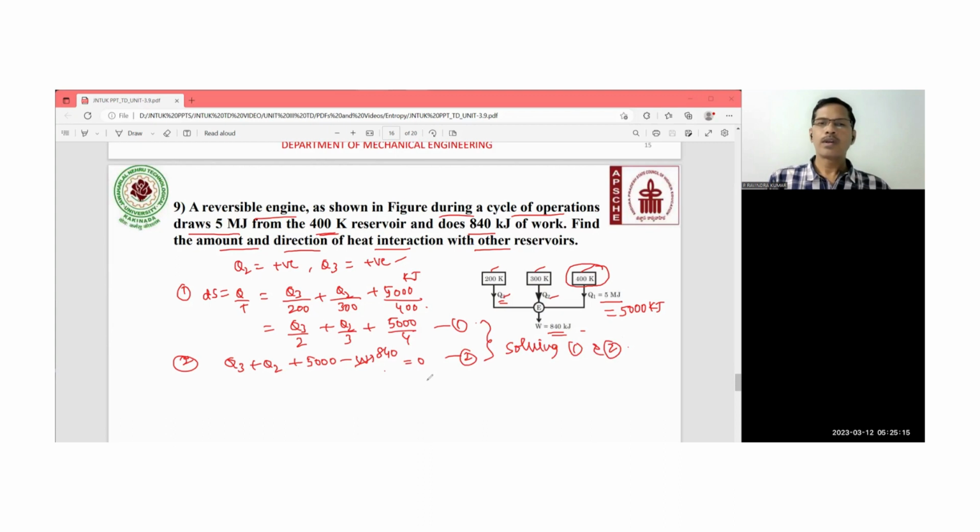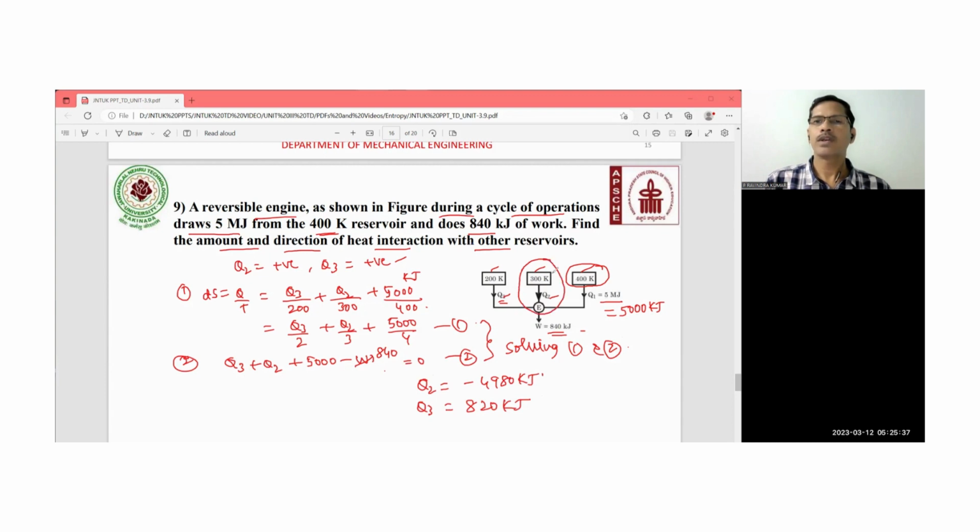Q2 you get as minus 4980 kilojoules, and Q3 you get as 820 kilojoules. So the assumption for Q2 is wrong.